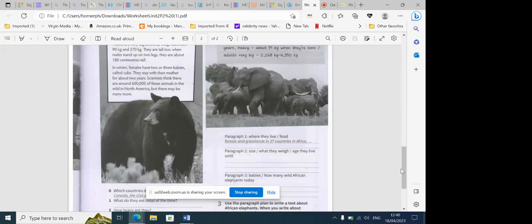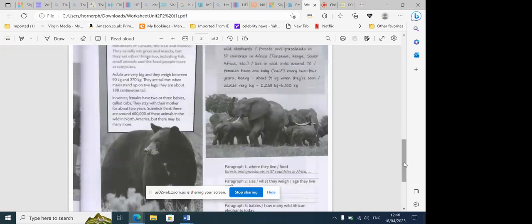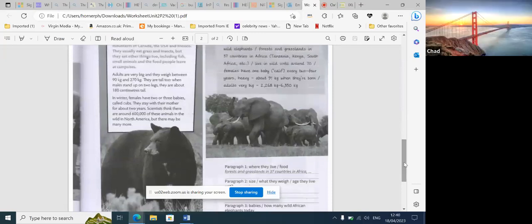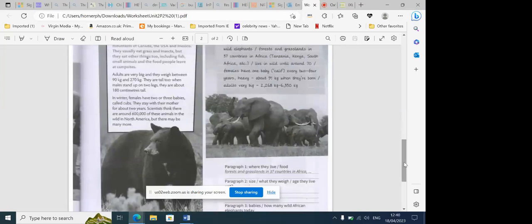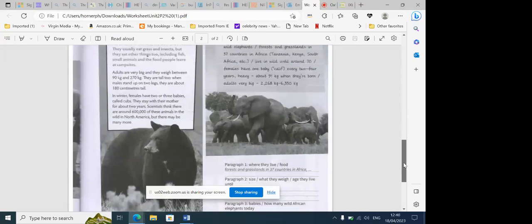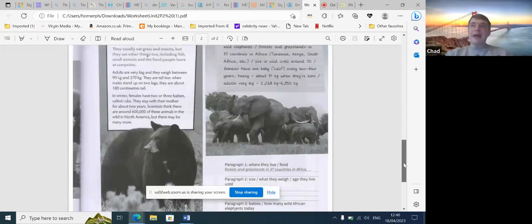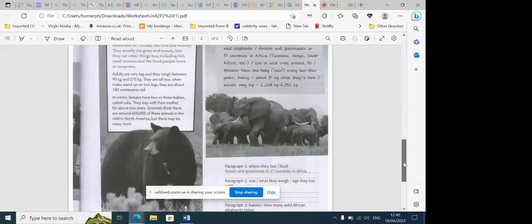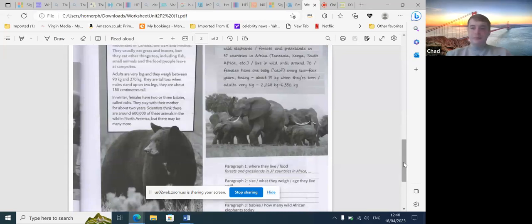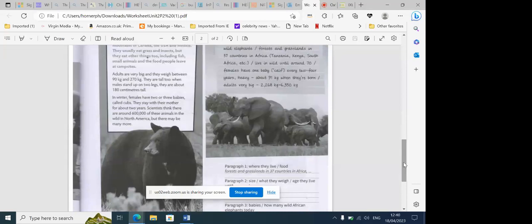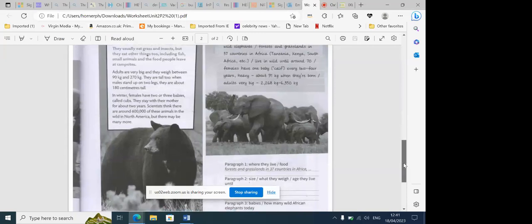You could say female African elephants usually have one baby every 4 years, and it's about 91 kilograms when they are born.